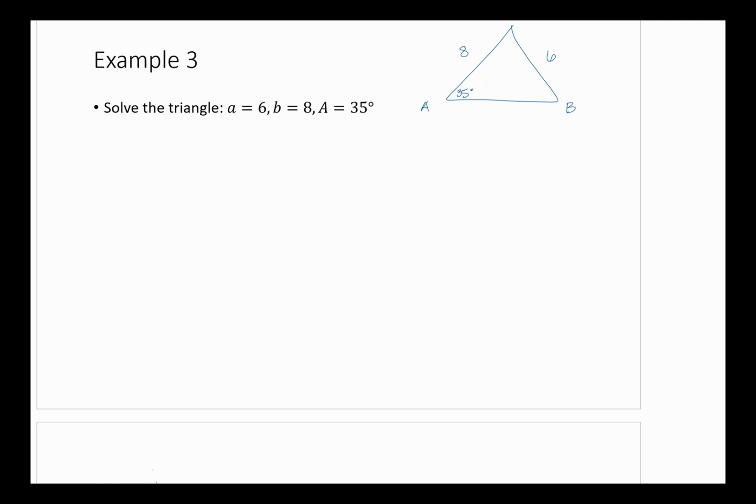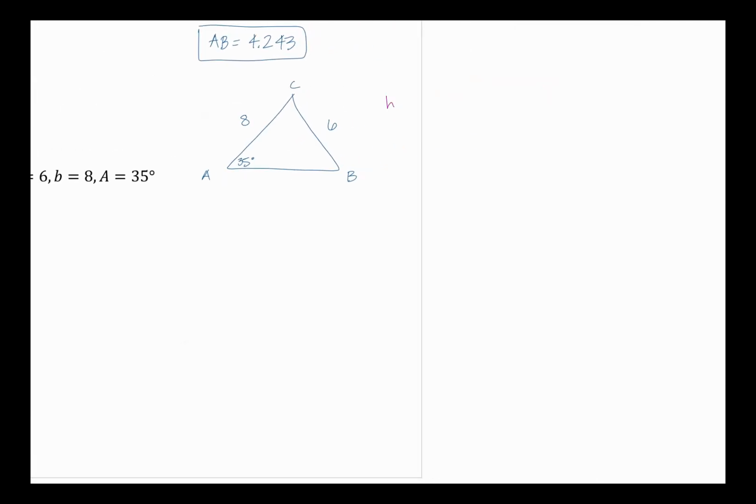So I see right away that I need to figure out what my height is. So if I think about the sine of 35 degrees would be equal to height over 8, because again, your height is going in right there. And so I want to figure out if that's h, sine of 35 is h over 8. So 8 times the sine of 35 degrees is h.